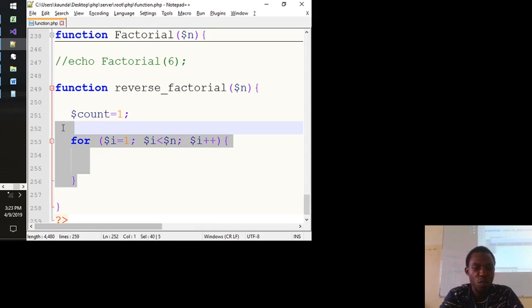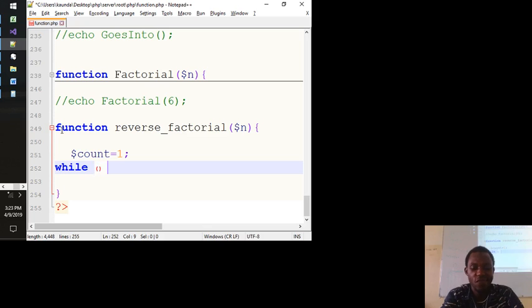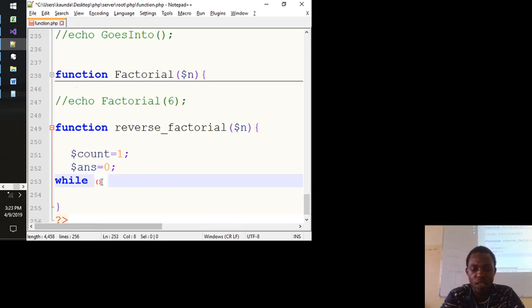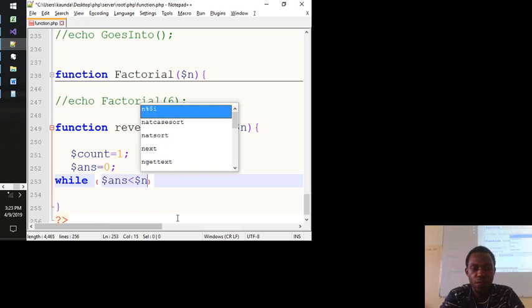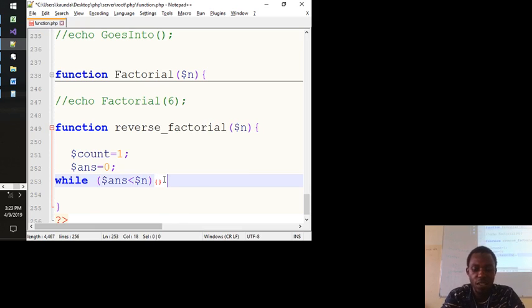No, this therefore will be problematic. Let's use while, because we don't know the number of times we are going to multiply it. We are just going to do multiplication. We don't know the number of times, so we can't use this. So we are going to do it while the answer is still less than the value we've been given. Yeah, I think this makes sense.